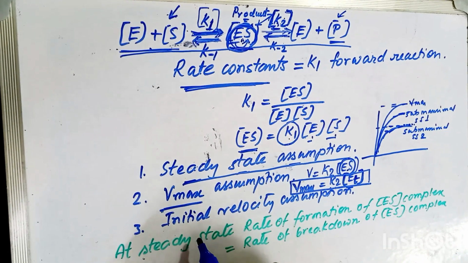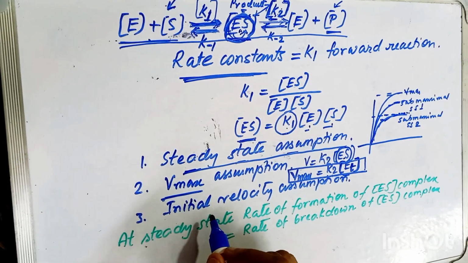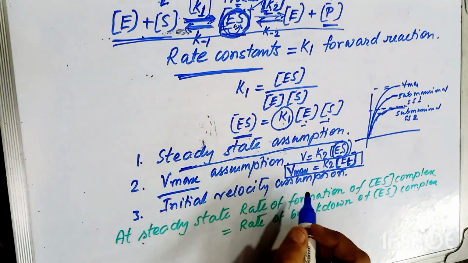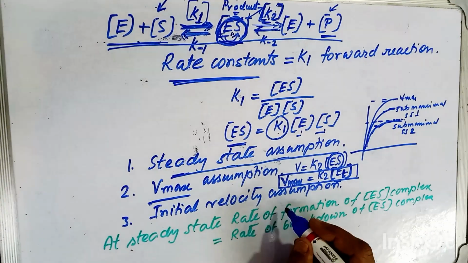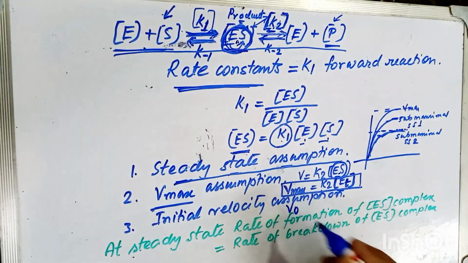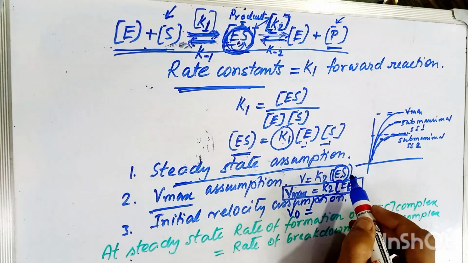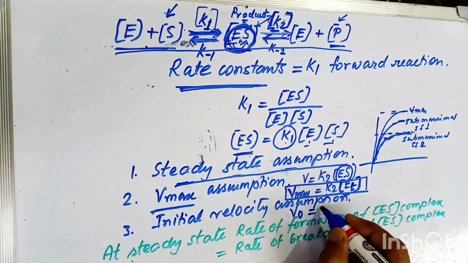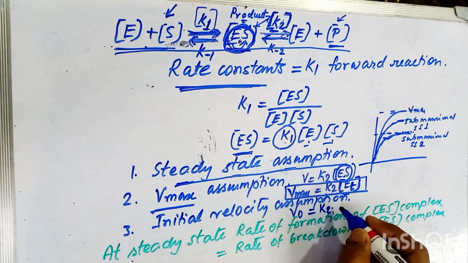Now, what is the initial velocity assumption? I will go into the third topic. The initial velocity assumption is that at V0, it is K2 into ES.